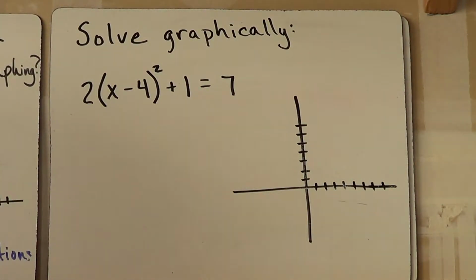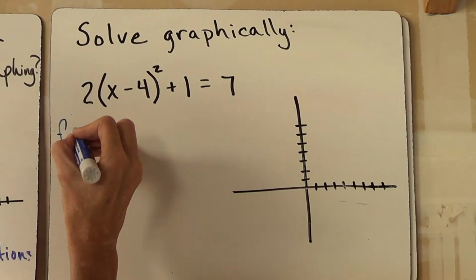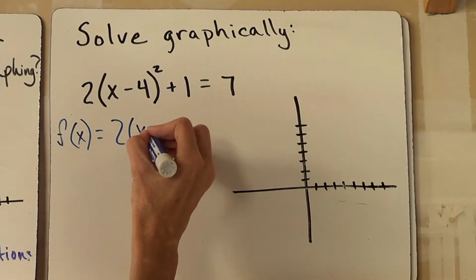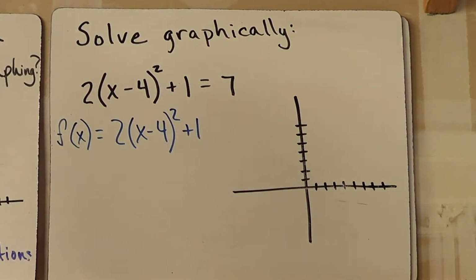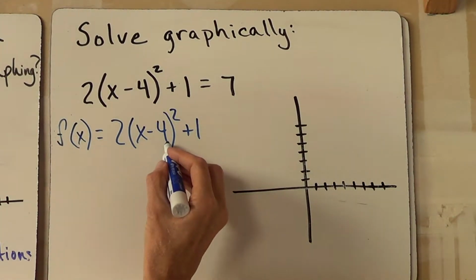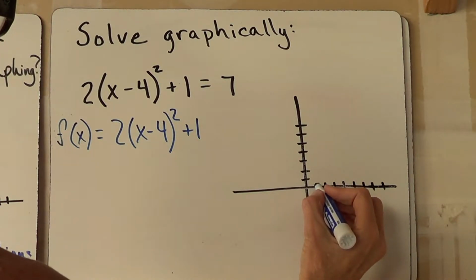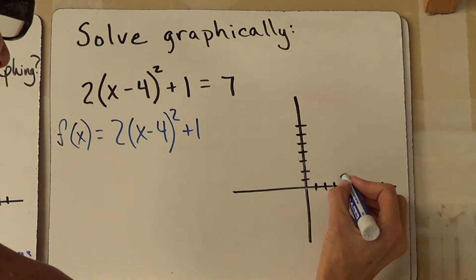So now let's solve this one graphically. First thing I want to do is graph this, f of x equals 2 times (x minus 4) squared plus 1. So I go to my vertex 4, 1. So I go 1, 2, 3, 4, up 1.